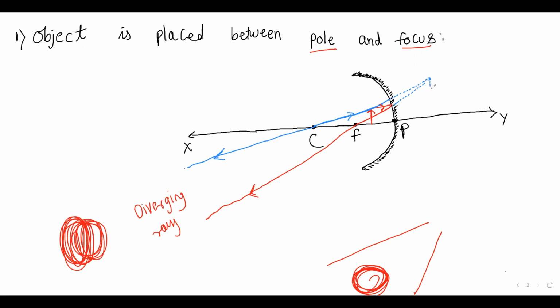Virtual erect images are shown by dotted lines. This is the image formed. Image is formed behind the mirror and the image is virtual erect. If AB is the object, A dash, B dash is the image of the object.